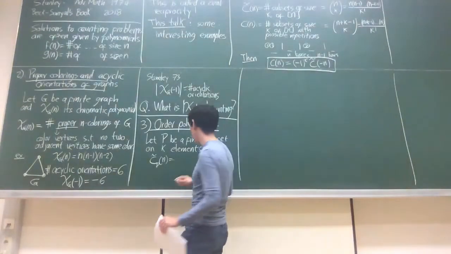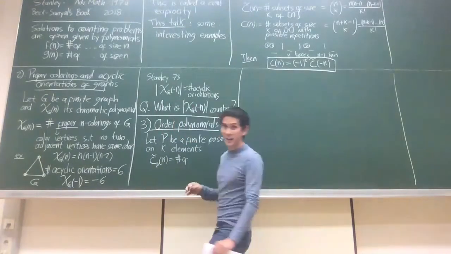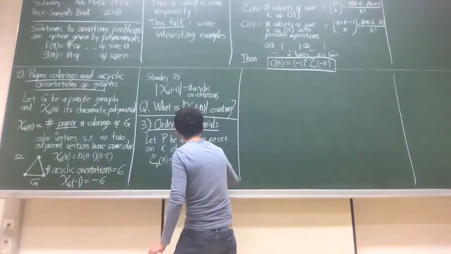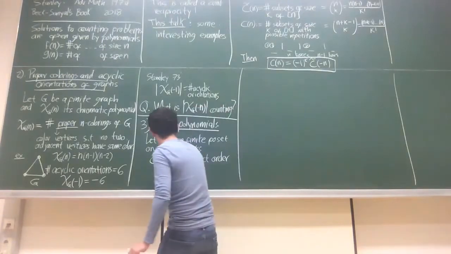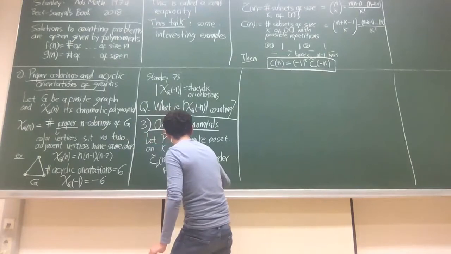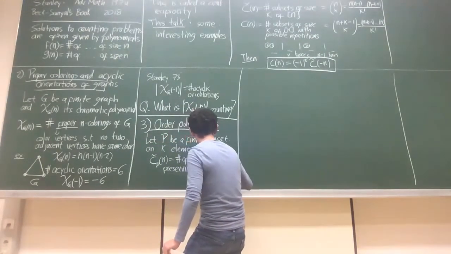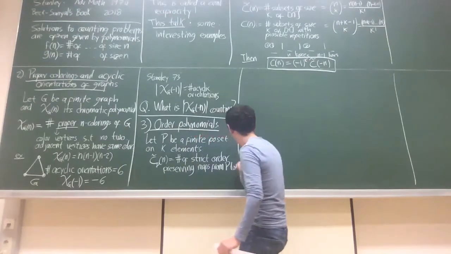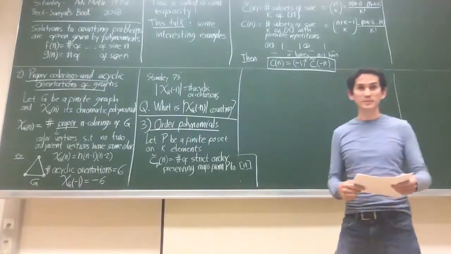So let me write this down. The number of, actually I'm going to count strict order preserving maps from P to n.